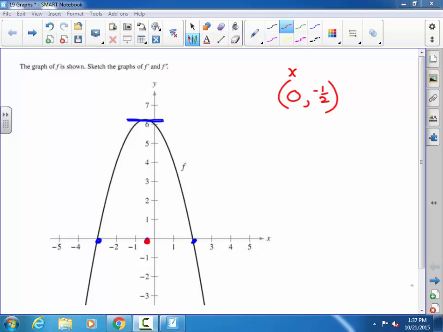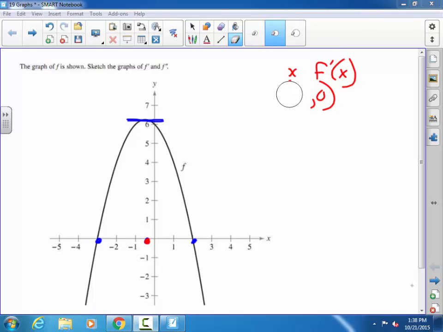It's -1/2, 0, isn't it? Okay, thank you. What does that mean? That means when x is -1/2, the derivative is 0, because that's what we're drawing right here.